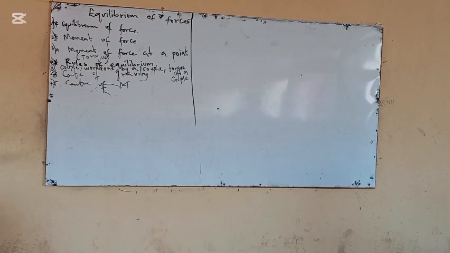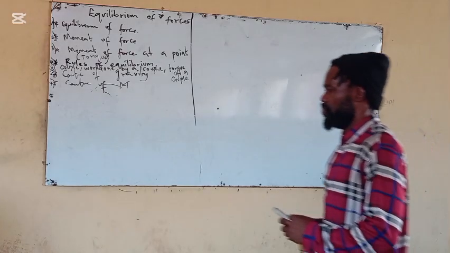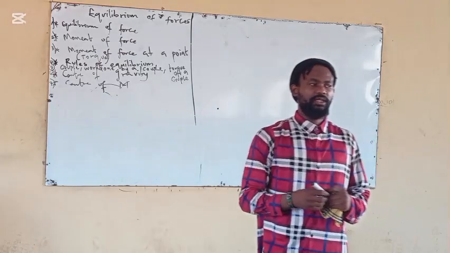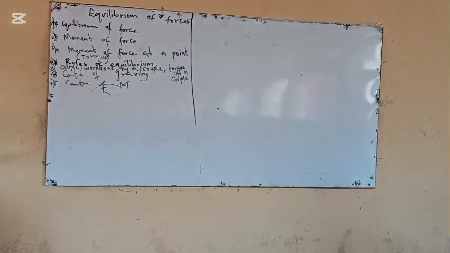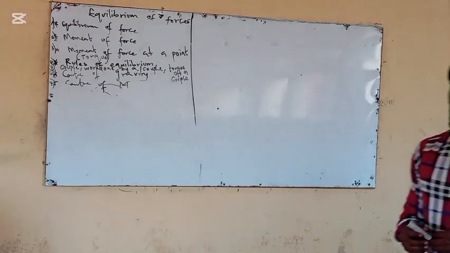Center of gravity is defined as the point acting towards the center downwards on any object found on Earth.